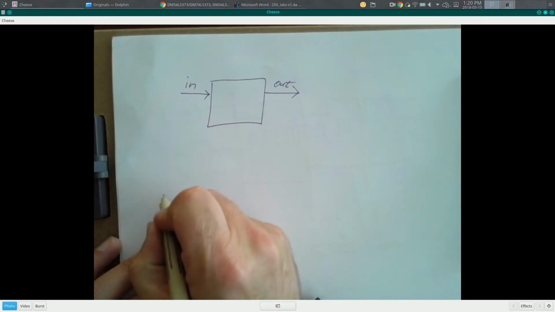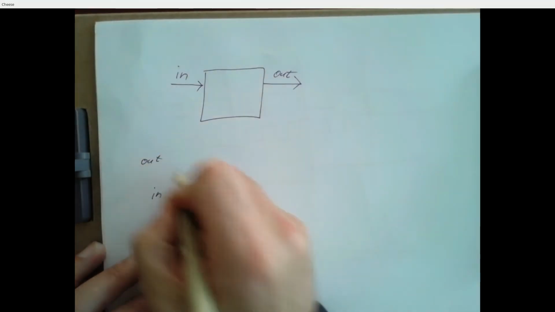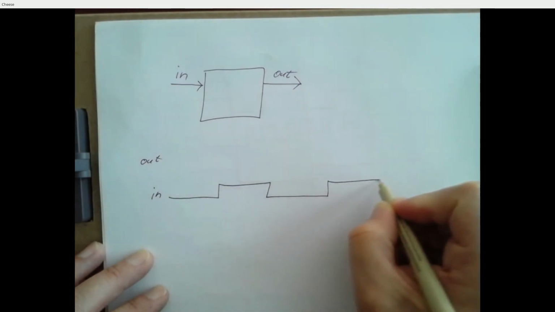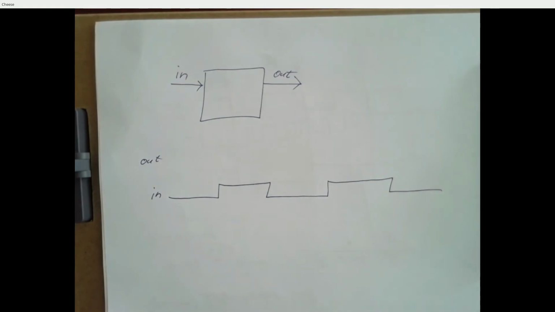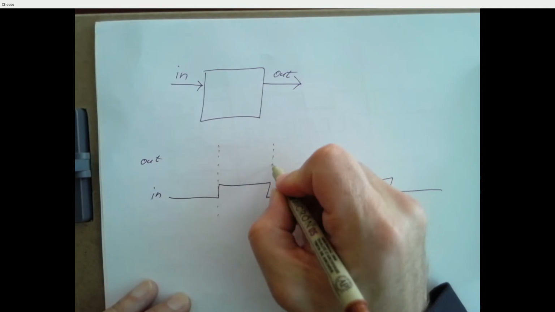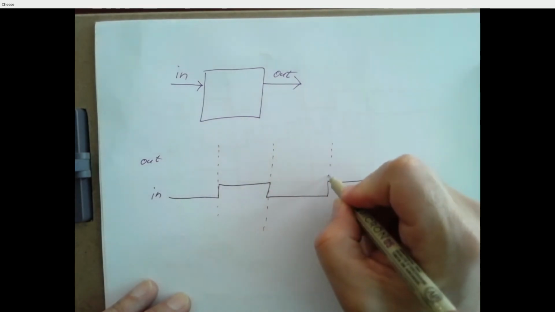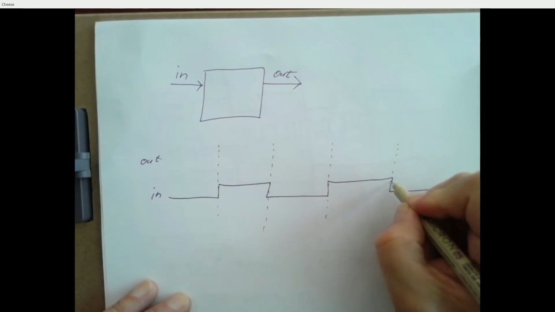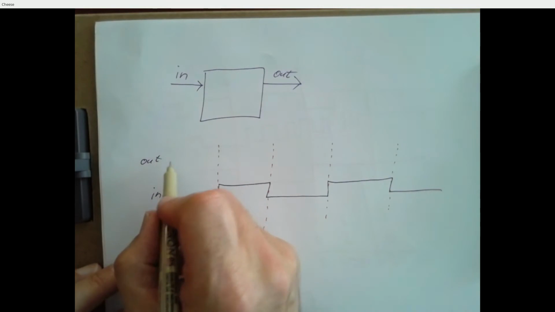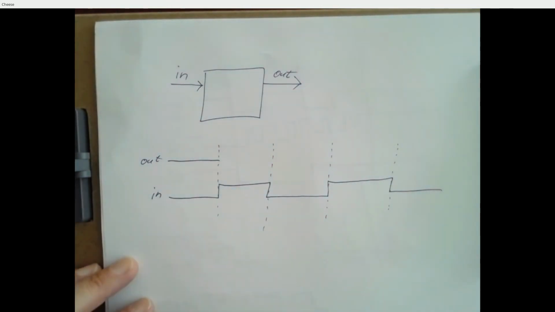Let me show you a timing diagram. So your input basically describes what your output should be, but there's a bit of a delay. And it's not just a propagation delay, it's 2 to 4 seconds of delay.